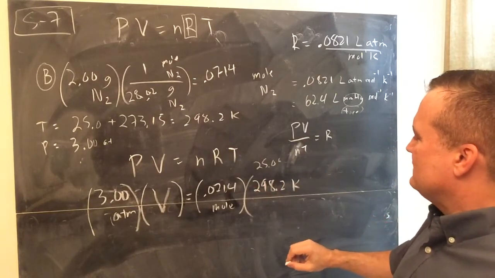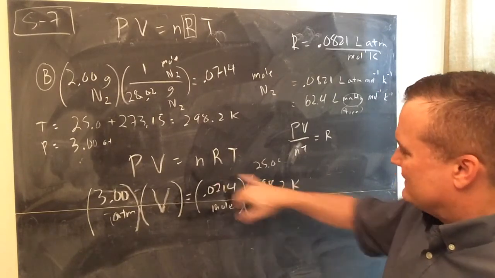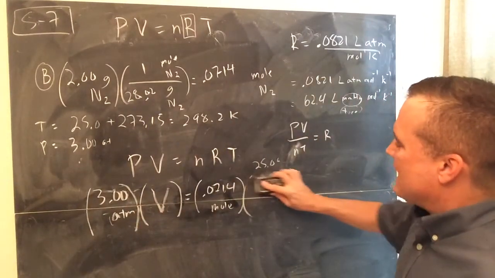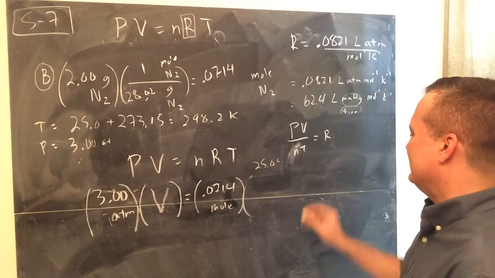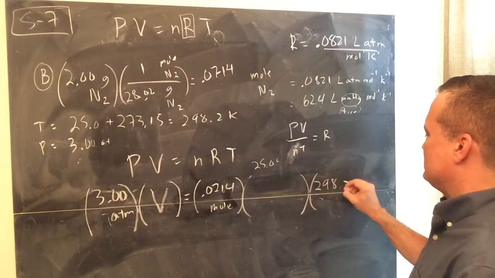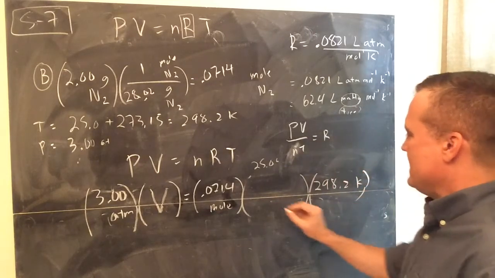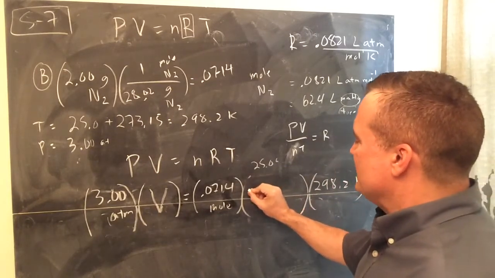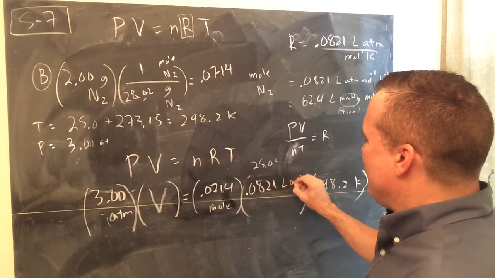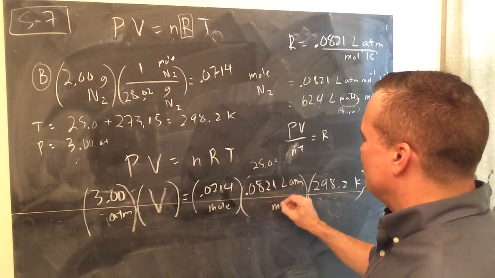And you know what? I'm sorry, I didn't put my R in there. Well, I better just do it this way. I could have put R at the end, but oh well. 298.2 Kelvin. Okay. And here is R, which is 0.0821 liter atmosphere over mole Kelvin.